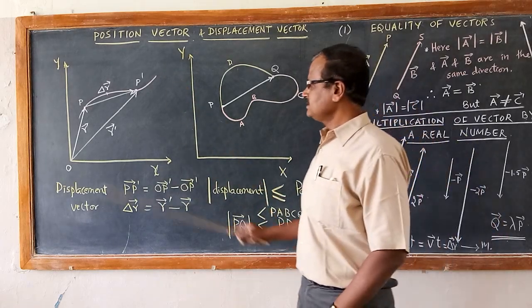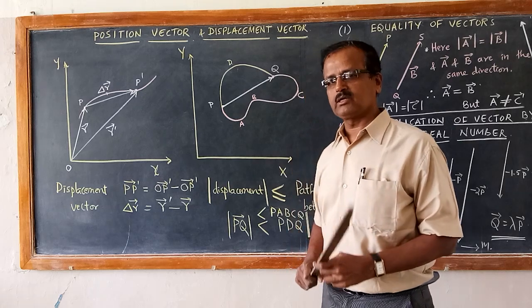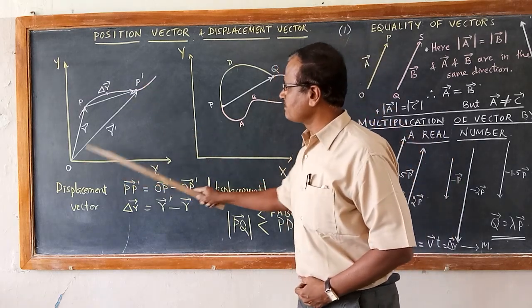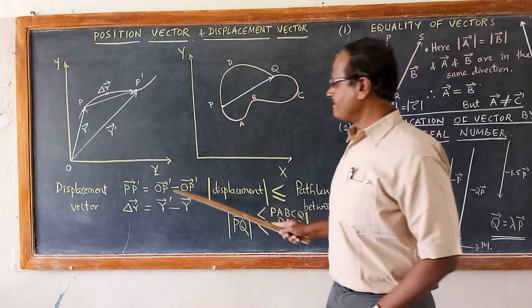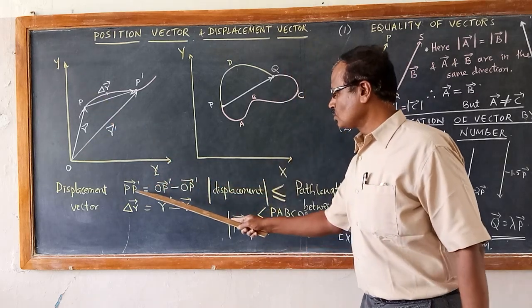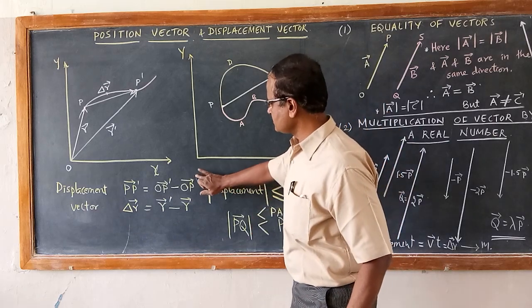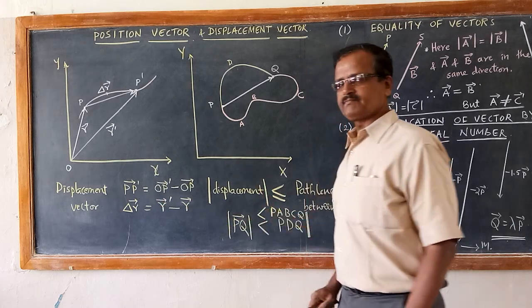How is it obtained? It is obtained as the change in position vectors. What are those position vectors? Final position vector OP dash minus initial position vector OP gives us the displacement vector PP dash.